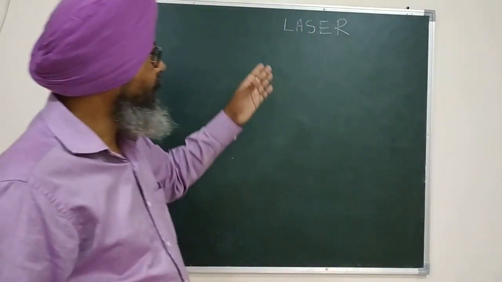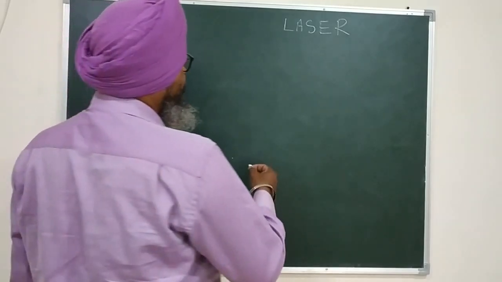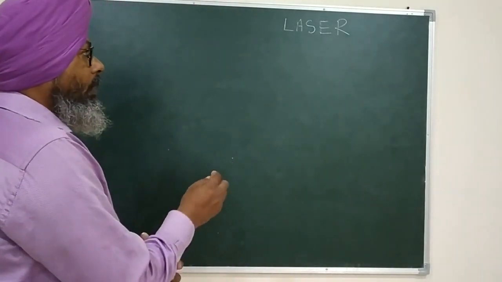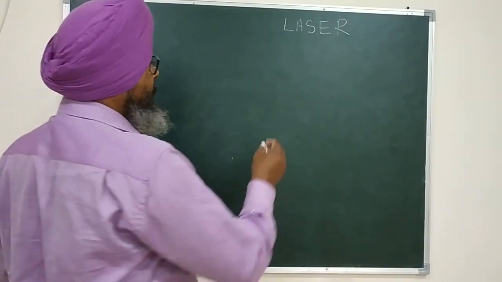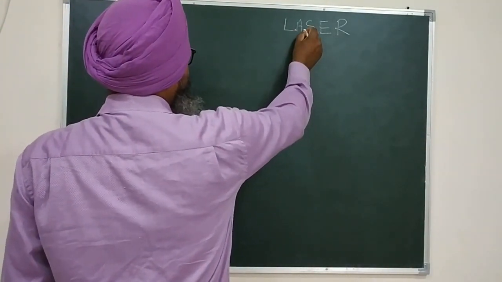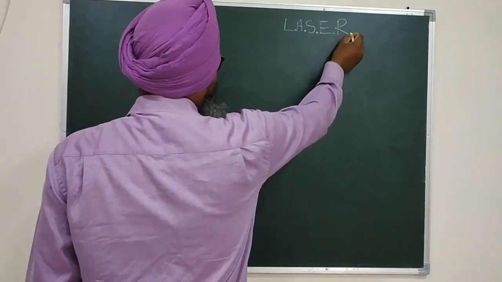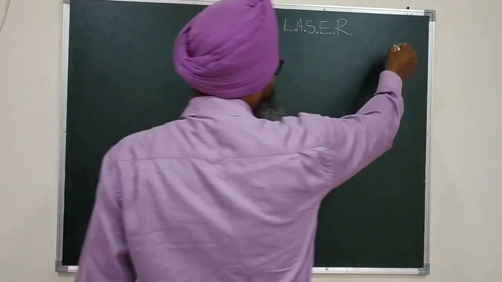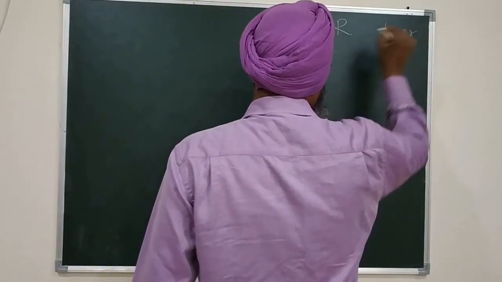Laser actually contains 5 alphabets. Initially it was the compressed form of a sentence in which each alphabet meant something. Laser was an acronym. But nowadays we can write laser as a word also.